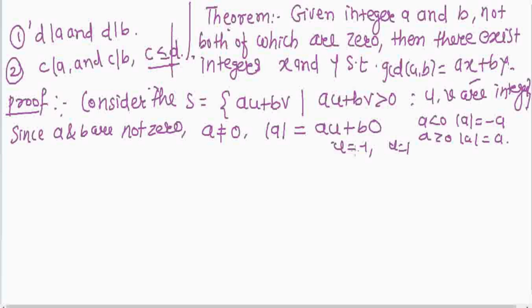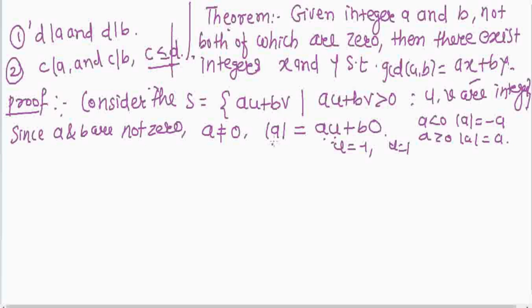Whatever may be the value of this U, plus or minus 1, we have written mod A as AU plus B into 0, and it is of the type AU plus BV.